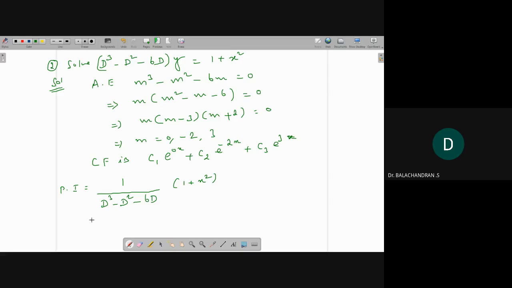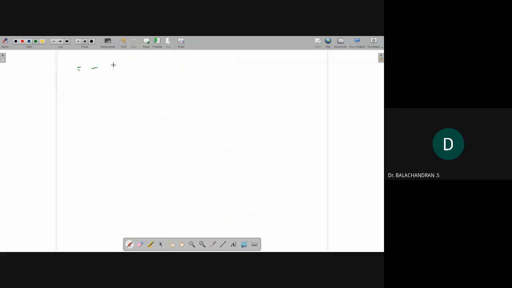I'll take minus 6d commonly. So minus 1 by 6d into 1 by 1 plus d cube minus d square divided by minus 6d, into 1 plus x square. Okay, I'll write the next step. Minus 1 by 6d.